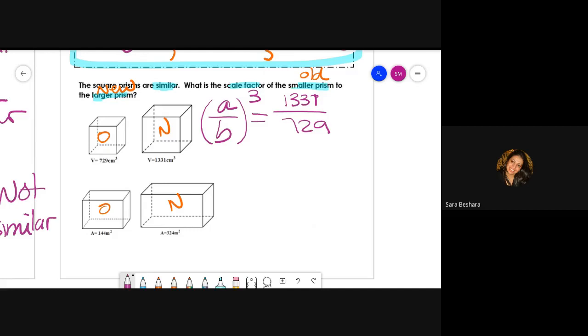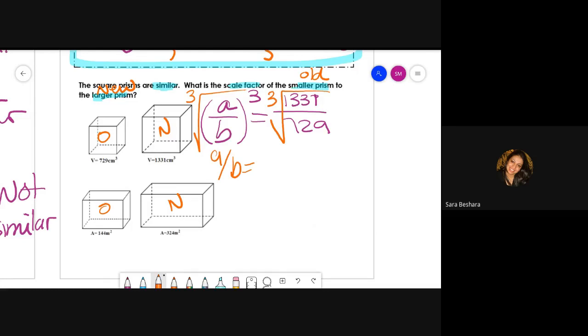So how do I find A over B alone? I must take the cube root, okay? So A over B would equal the cube root of 1331 over 729. I do recommend to use the fraction key here. So here's what I would do.